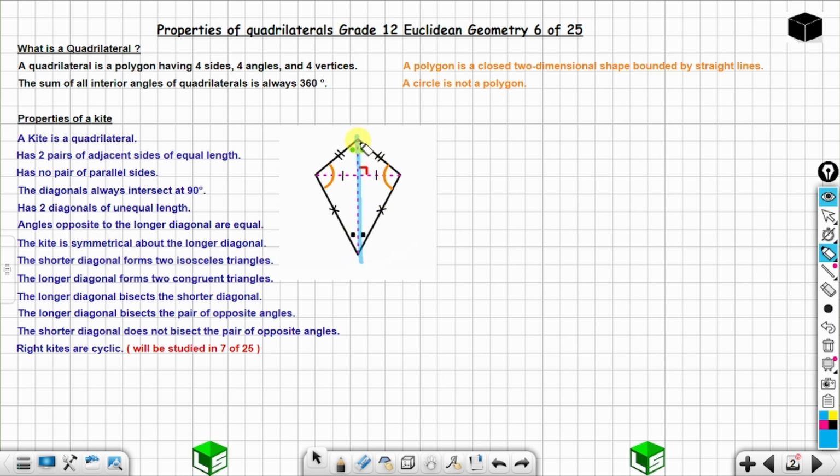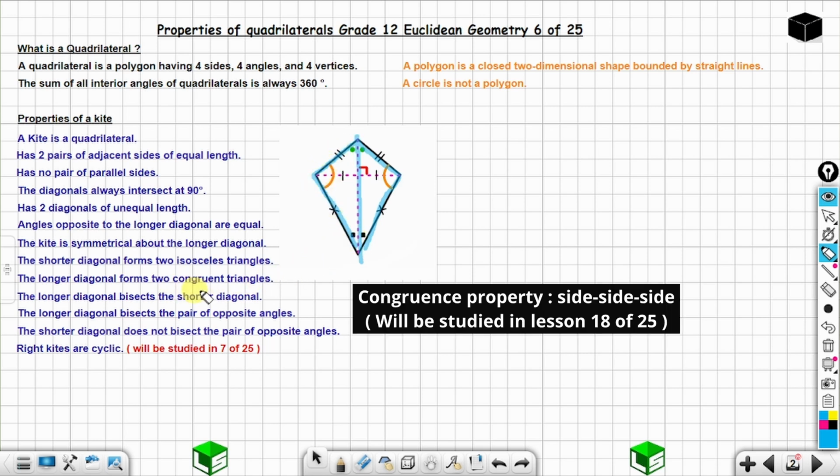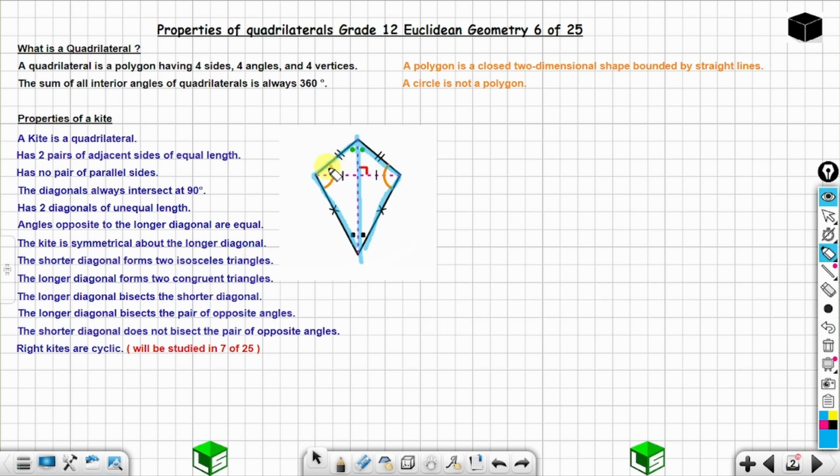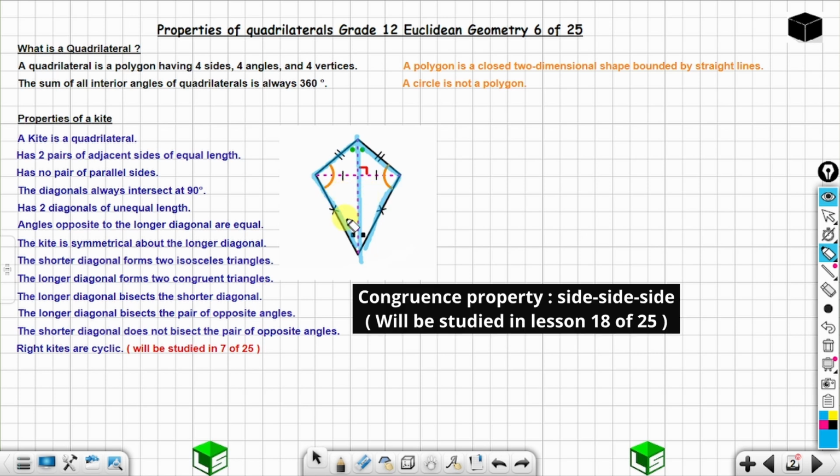Now you have this triangle and this triangle. This side is equal to this side, this side is equal to this side, and they have a common side. So the two triangles are congruent by the congruence property, side, side, side.